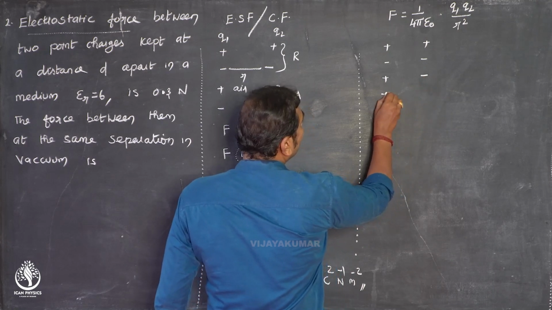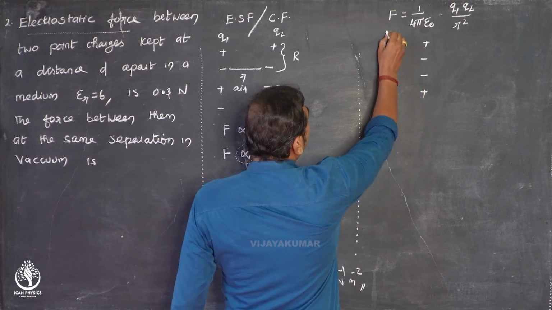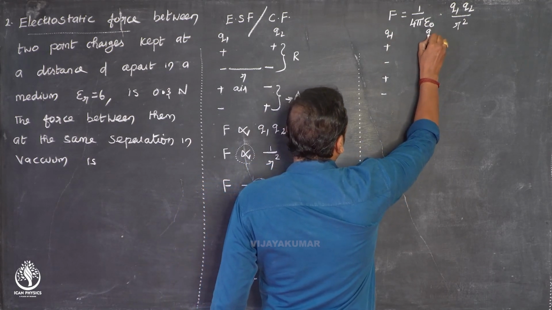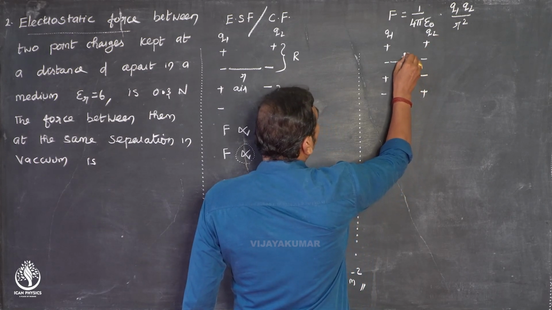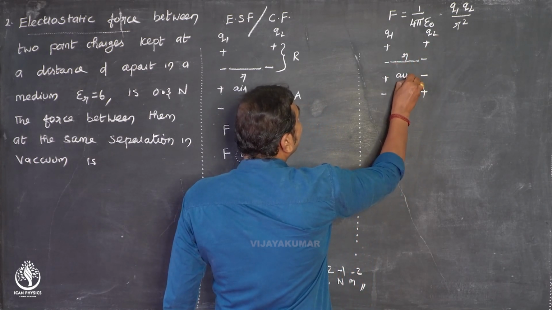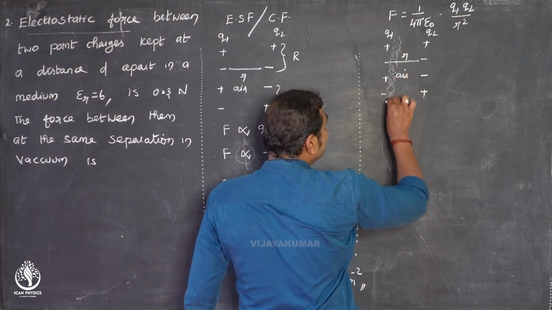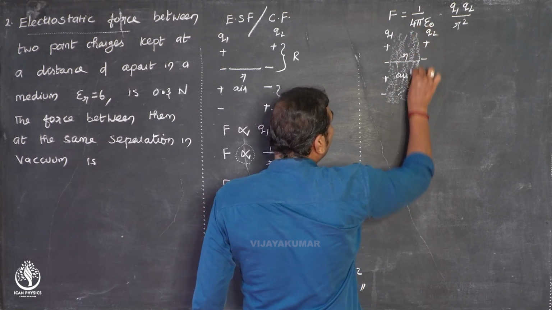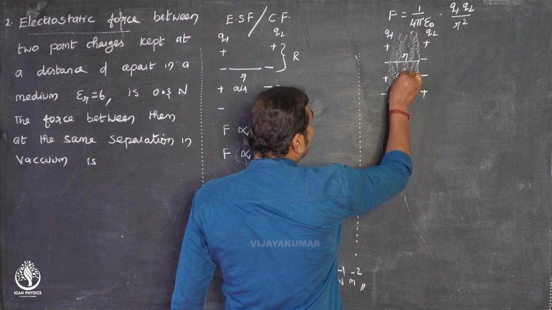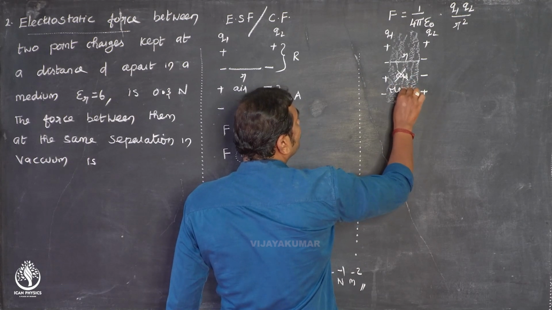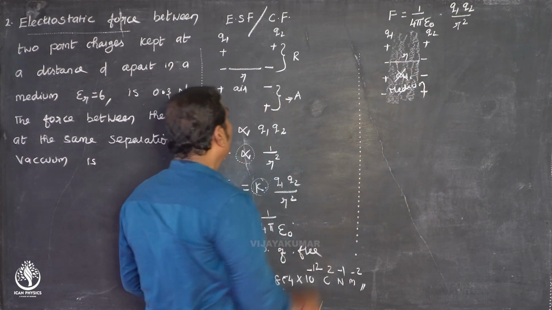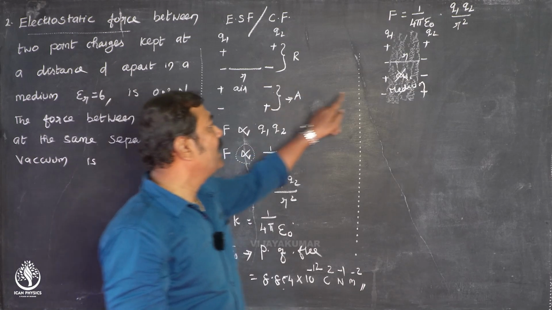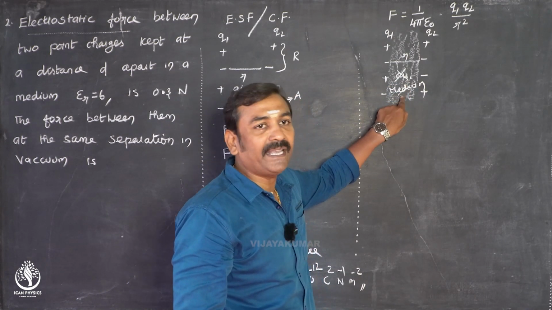Now the point charges Q1 and Q2 are separated by a distance of r in air. Now, instead of air, it is replaced by a medium. So first we placed the air, now we replace the air by a medium.